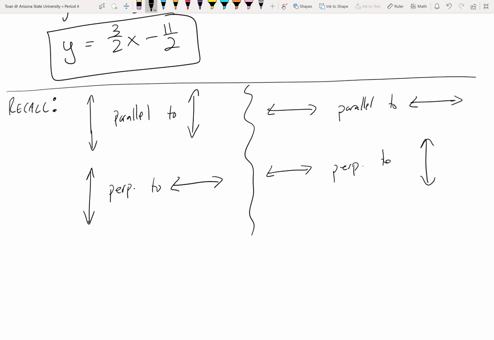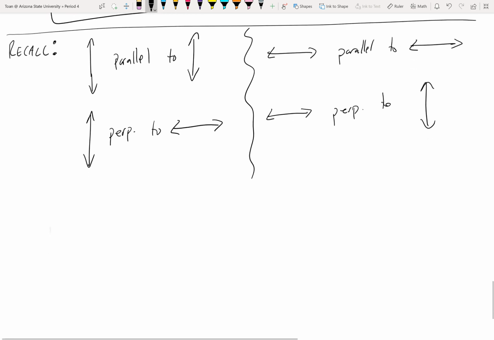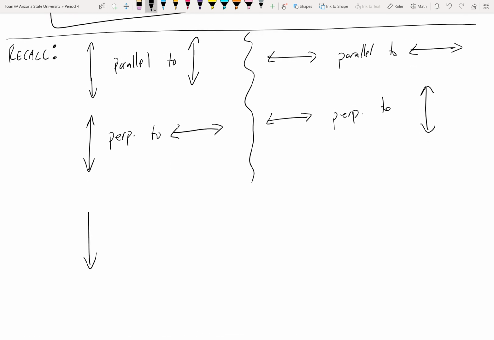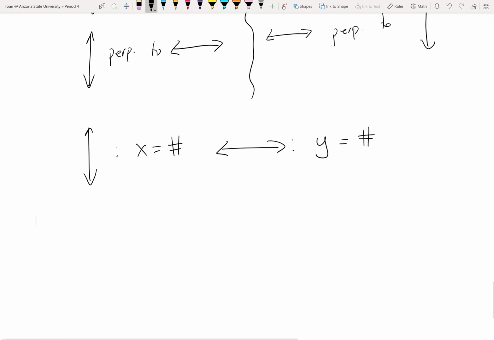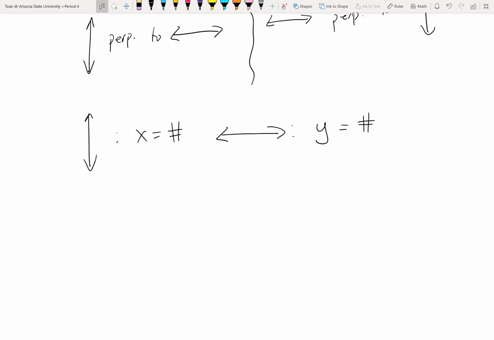It's all pure logic. And remember, vertical lines look like x equals a number. Horizontal lines look like y equals a number. Right? So next to the very first example we've done, these should be freebie, gimme, automatic free points on the test. Don't mess them up.